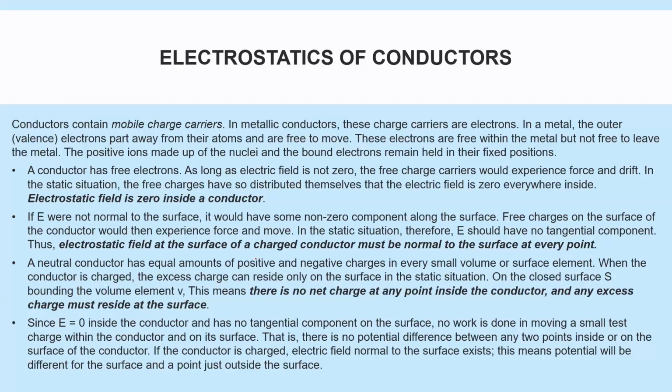properties of material that can conduct electricity, or which has some charge in it which can freely move from one point to another. So the conductors that we are considering actually have mobile charge carriers.